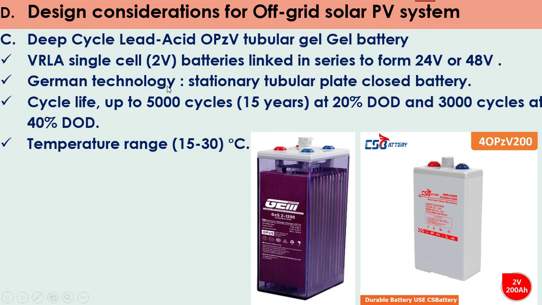This represents German technology, a stationary tubular plate closed battery, and has a cycle life of up to 5,000 cycles for 15 years at 20% depth of discharge, and 3,000 cycles at 40% depth of discharge. The best temperature range for operation is from 50 to 30 Celsius. Okay.